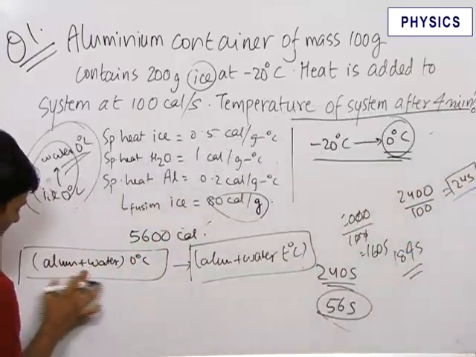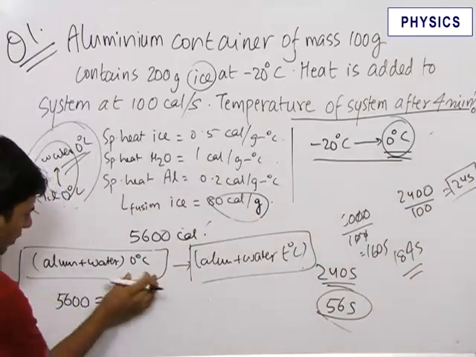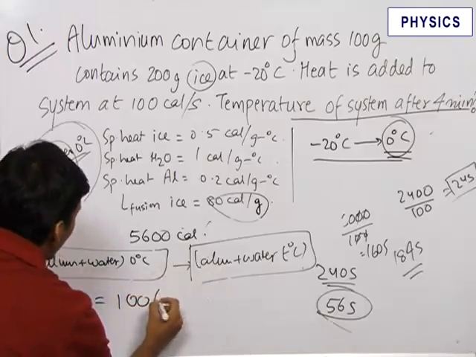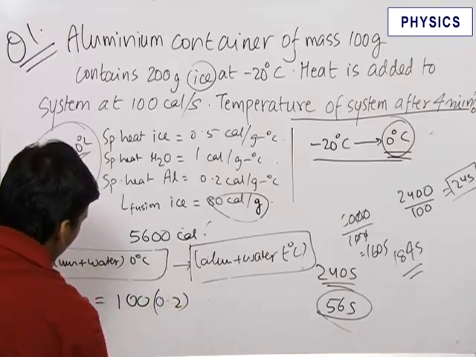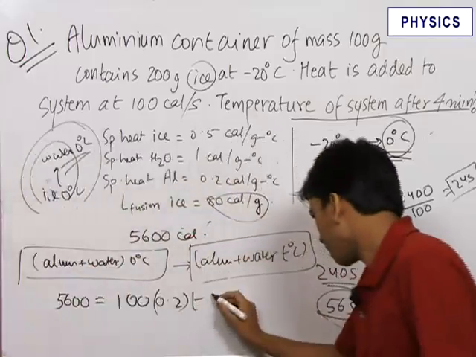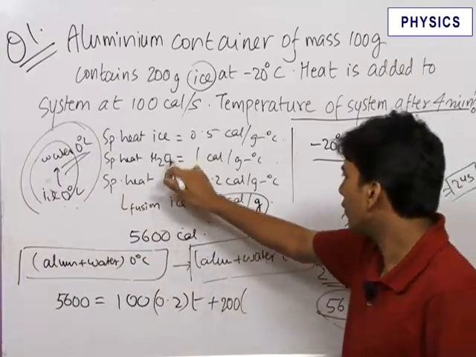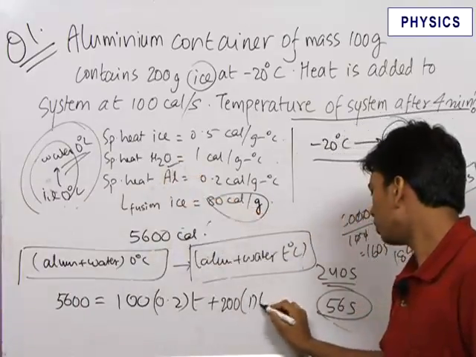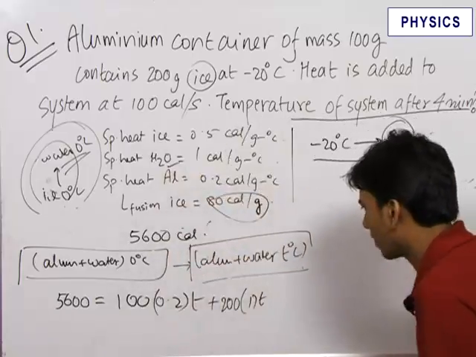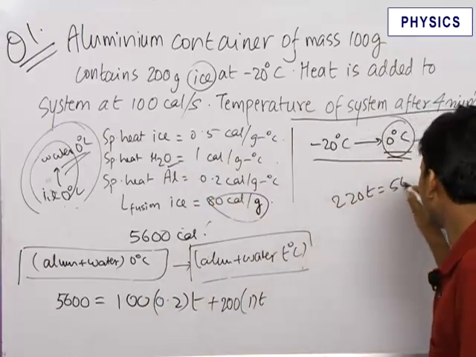So for applying this, what we do is that we equate 5600, that is the amount of heat given. This is required to change this from this to this. Therefore, this is equal to mass of aluminium into specific heat of aluminium, that is 0.2 into delta T, let that be T, plus 200 into specific heat of water, that is 1, into T. Therefore, on solving this equation, we get 220 T is equal to 5600.